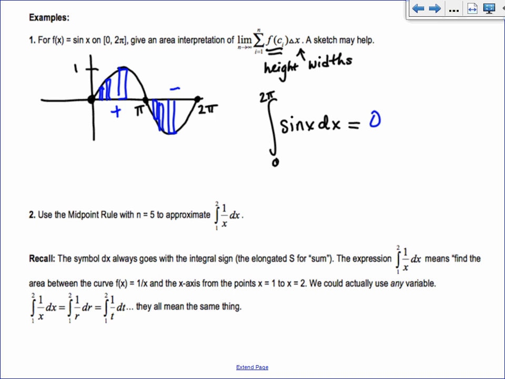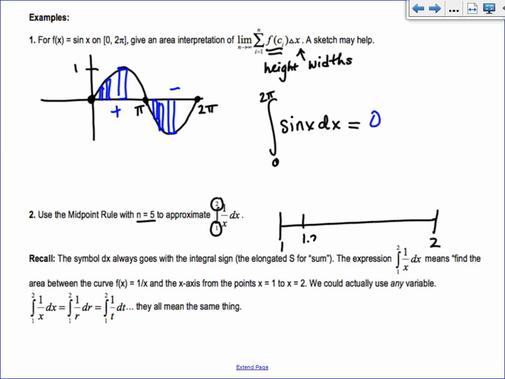All right, I want to show you the setup for the next one because you have it on your homework. If you're doing a midpoint rule, notice it's saying from 1 to 2, and n equals 5. What does that mean? 5 what? 5 rectangles. Okay? If I divide that length of 1 into 5 pieces, every piece is 1/5.